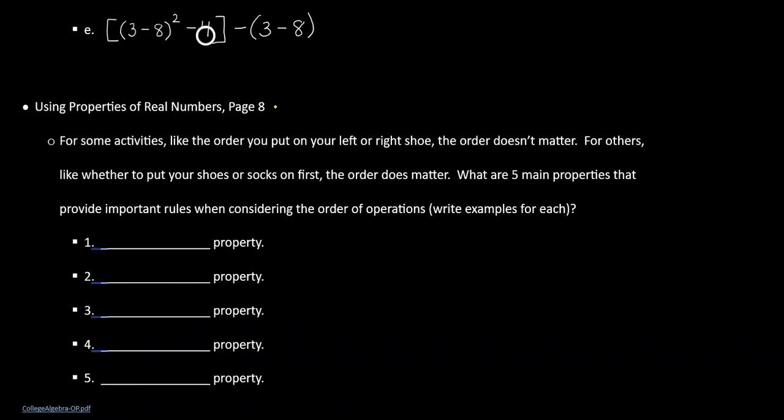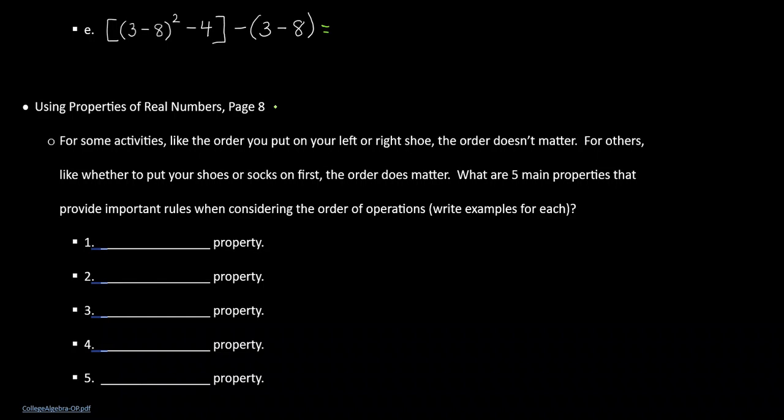So we focus on this area, and we want to solve before we subtract the 4. We want to do this grouping symbol, 3 minus 8, this parentheses, what's in here first.